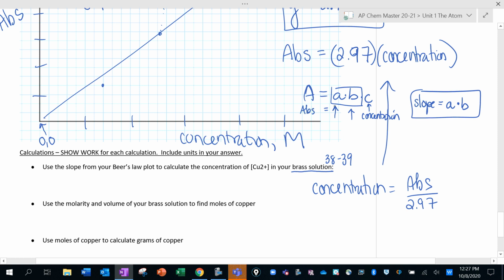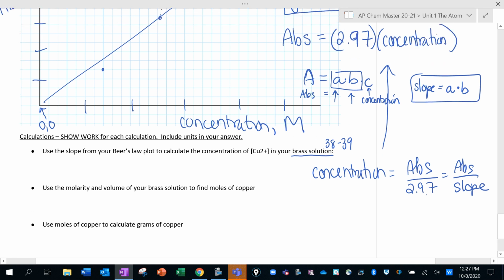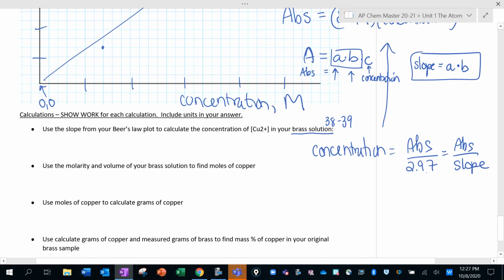So we will find the concentration by taking the absorbance divided by our slope. I should clarify, 2.97 is not the slope of your graph. This is my imaginary slope that I just made up. So I shouldn't see you using 2.97. I should see you using the slope of your graph that you made based on the data.